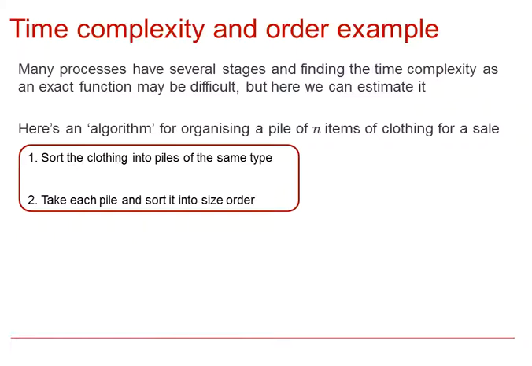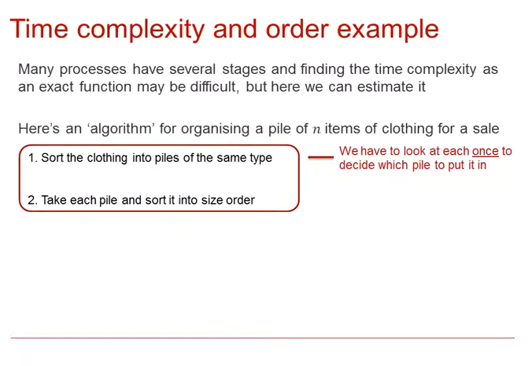Let us look at this simple example. Many processes have several stages, and finding the time complexity as an exact function may be difficult, but in this case we can estimate it. So if we had a straightforward, simple two-instruction algorithm for organising a pile of n items of clothing for sale: sort the clothing into piles of the same type, and then take each pile and sort it into size order.